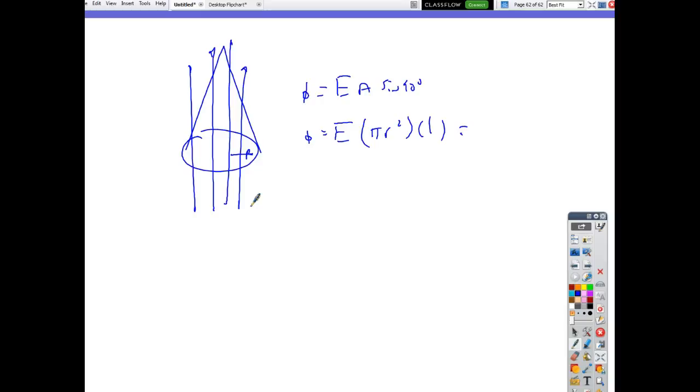So the net flux through the shape is going to eventually be what? 0, because we've got just as many lines going in as coming out. Does that make sense? Just poking at that a little bit, we'll pull back from that, do some more problems, and come back to that discussion again. The net flux coming through this thing would be 0 if I count the bottom as a surface, because the number coming in and the number going out is the same. Agreed? Trying to understand that a little bit?